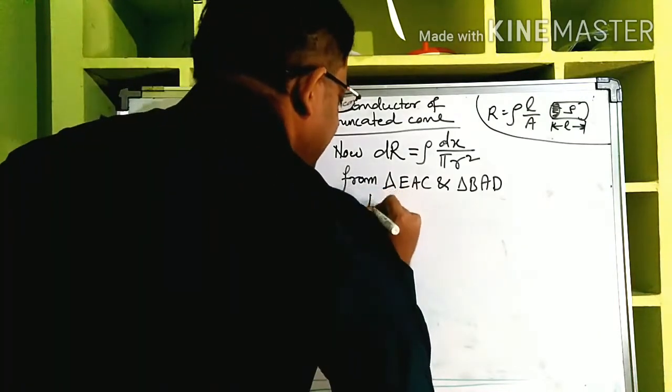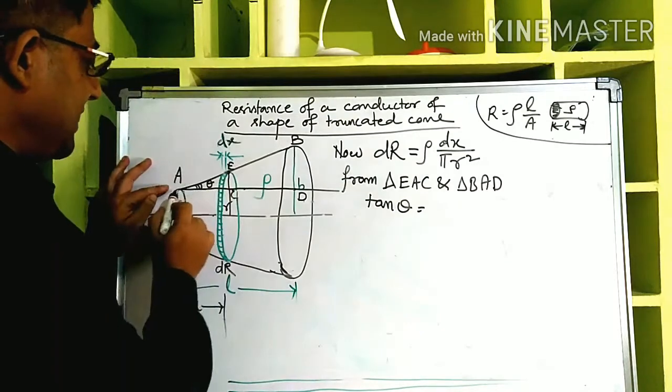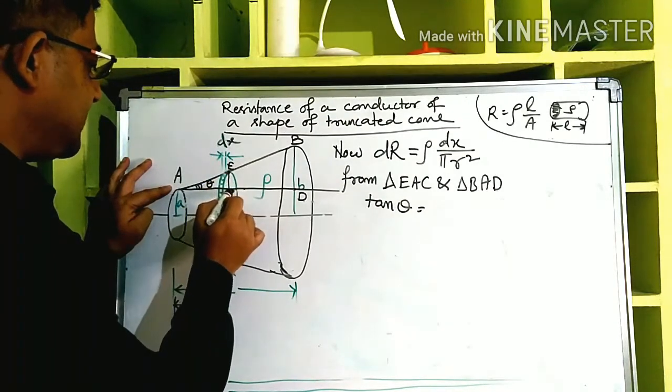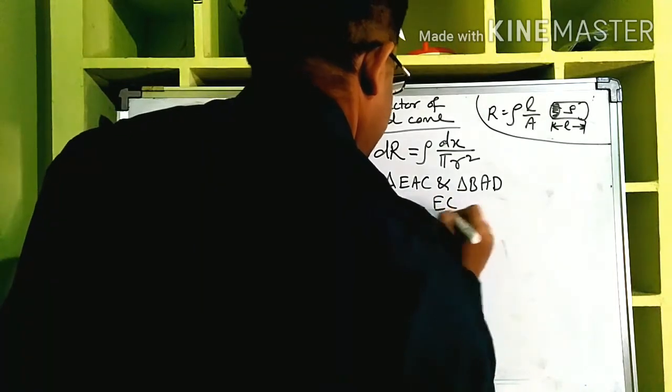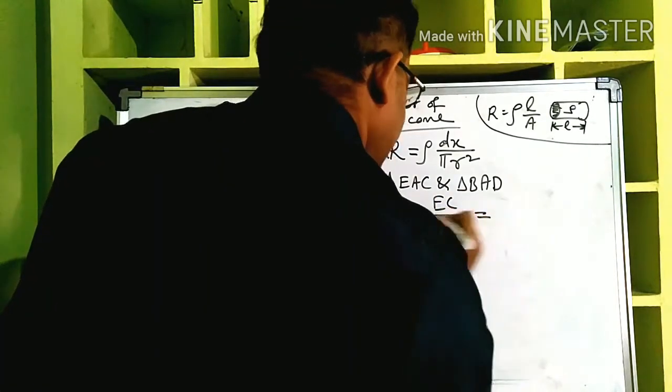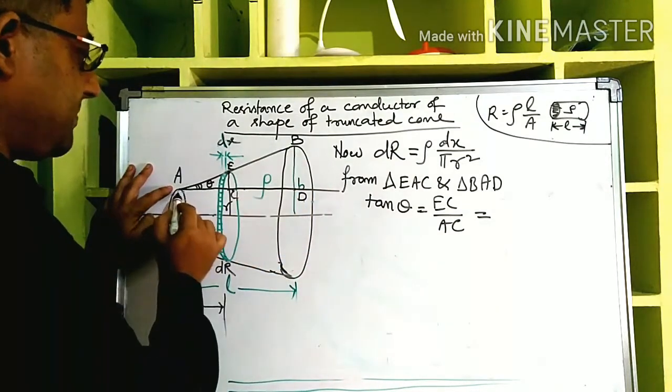So we can write tan theta is equal to, from triangle EAC, EC by AC, and that is also equal to, from triangle BAD, BD by AD.